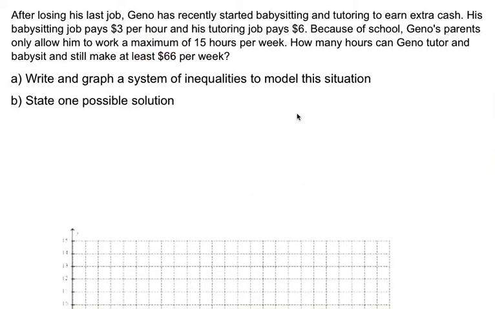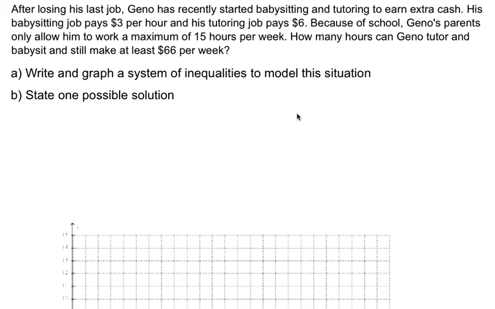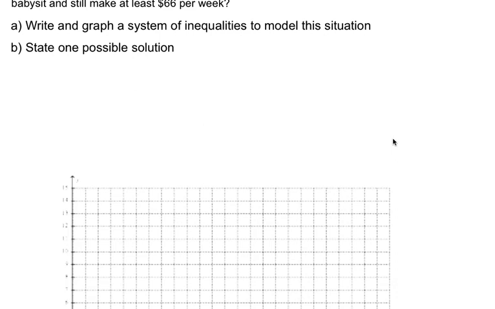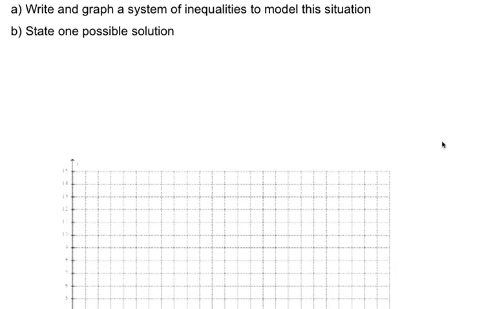Now that I've identified that, I can create a system of inequalities to model the situation. The two things I don't know in the problem are the amount of hours that he works babysitting and the amount of hours he works tutoring. So what we're going to do is create variables for those things. Let me scroll down to give myself some room. And since we're dealing with a word problem, we have to define variables here.